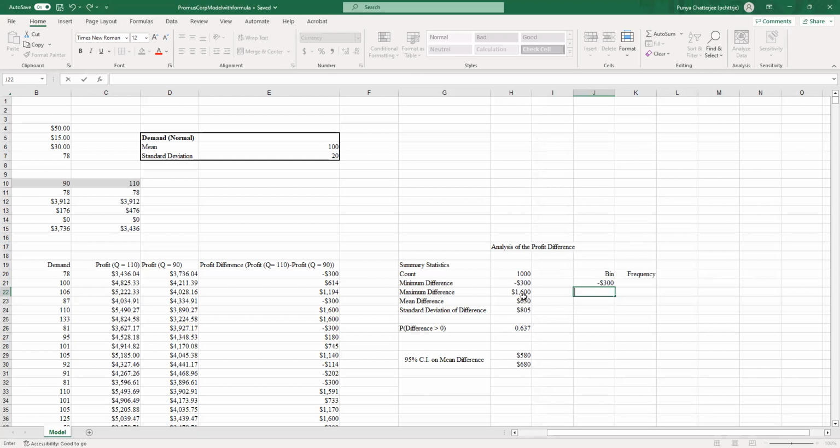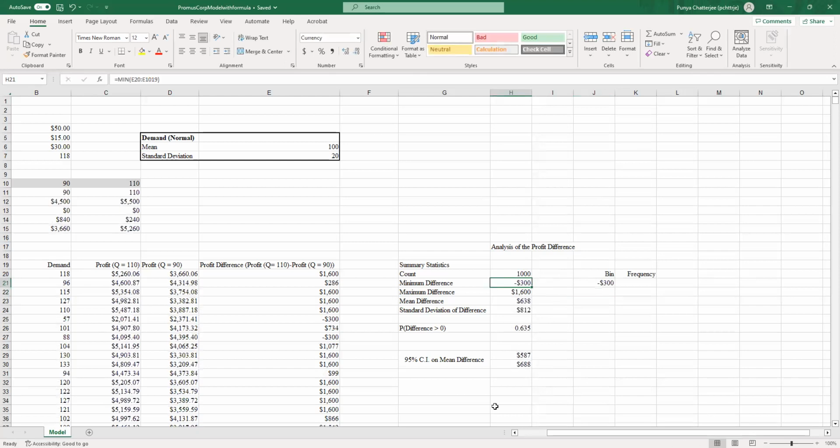In this case, your minimum difference is negative 300 and your maximum difference is 1600, which means a bin width of 1 is probably a really bad idea. You have to cover numbers between negative $300 and positive $1,600, so probably a bin width of 200 will be good, or 100 or 300. These are good bin widths.